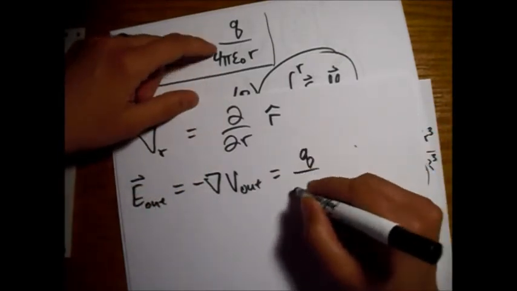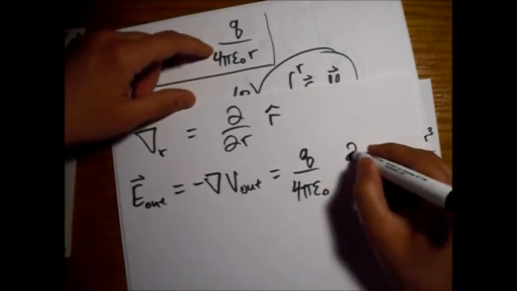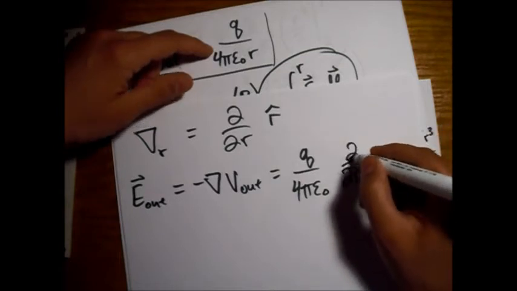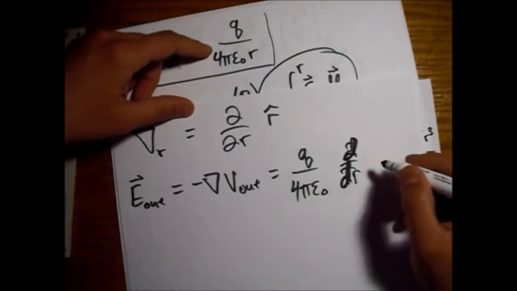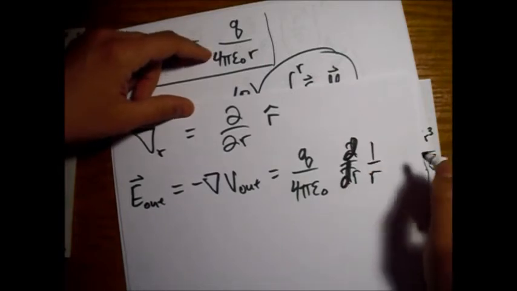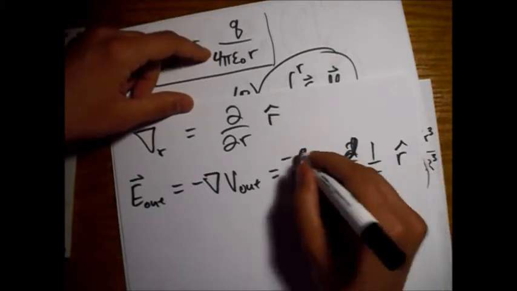Q, put the constants out front, Q over 4 pi epsilon naught, and then we just have a d/dr, which can be a total derivative since that's the only thing we're differentiating with respect to, of 1 over r, in the r hat direction, and there's this minus sign as well.